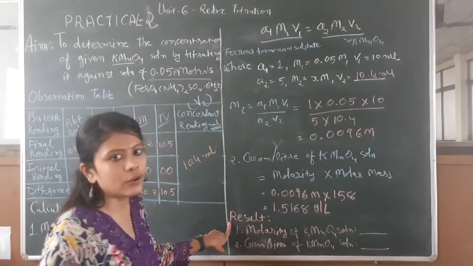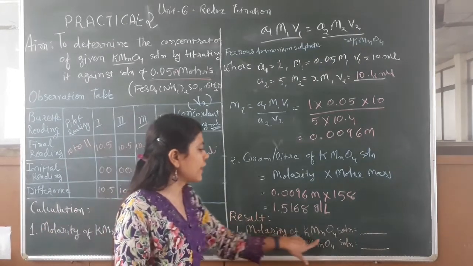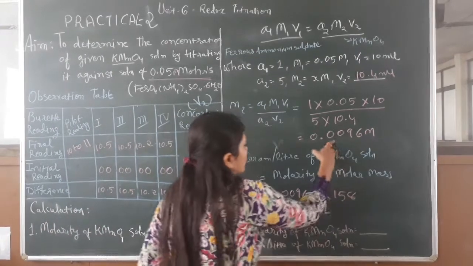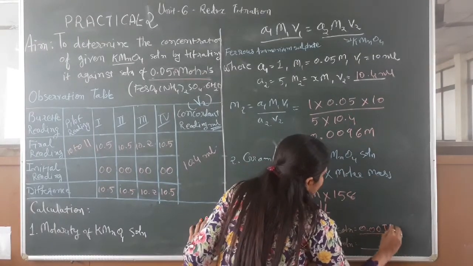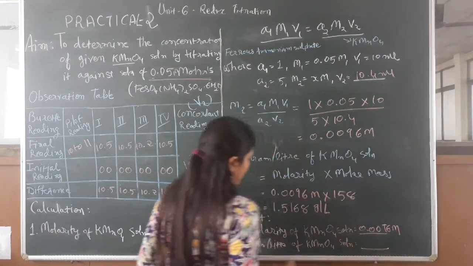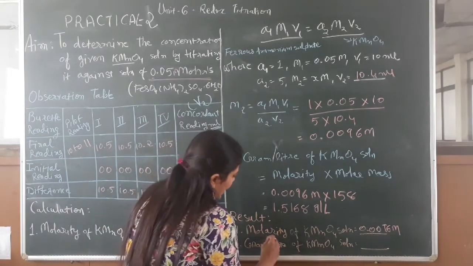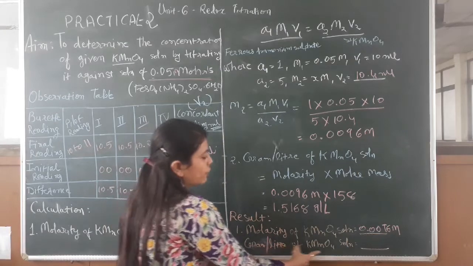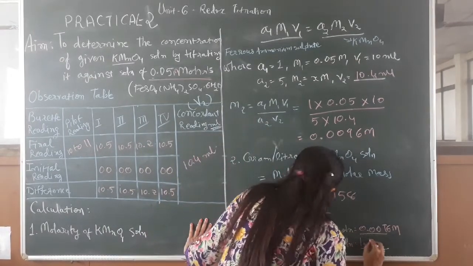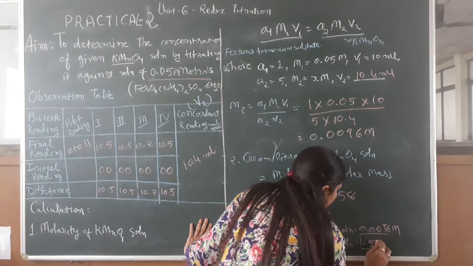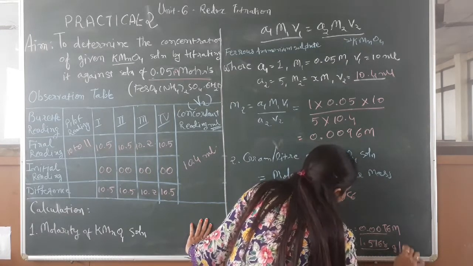Now we write down the result. First, molarity of KMnO4 solution. What is the molarity? 0.0096 molar. Then gram per liter of KMnO4 solution, which we have already found, is 1.5168 gram per liter.